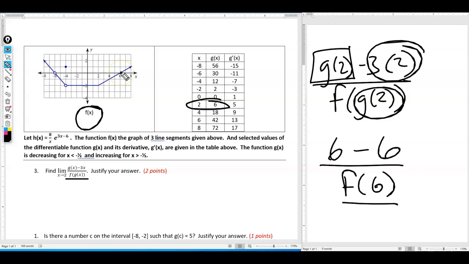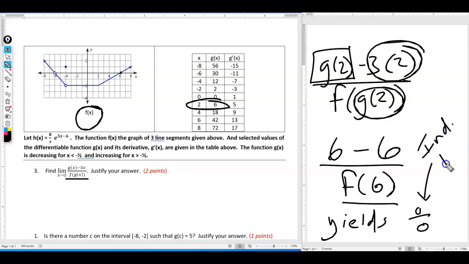So what we end up with then is 0 over 0, but I'm not going to put equals 0 over 0. I'm going to say yields 0 over 0. You remember when we talked about this a while ago, this is what's called an indeterminate form.